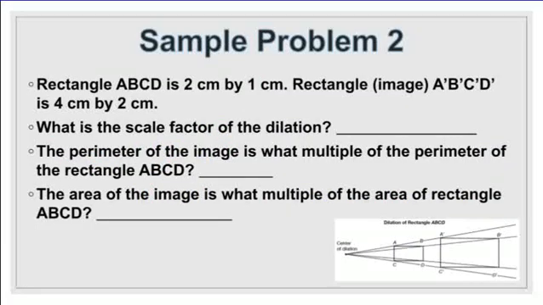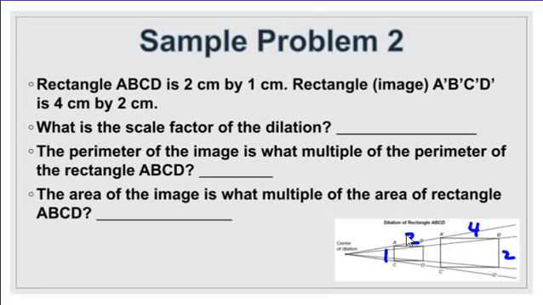Example 2, rectangle ABCD is 2 centimeters by 1 centimeter. The image of that rectangle is 4 centimeters by 2 centimeters. What is the scale factor of the dilation? If we think of this, this part is 2, this part is 1, this is 4, and this is 2.